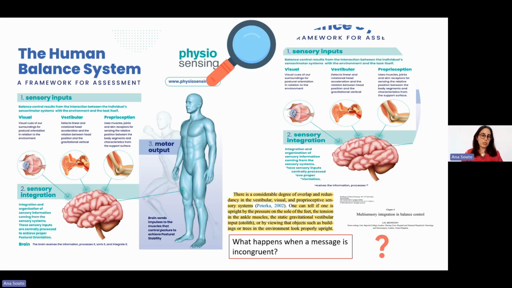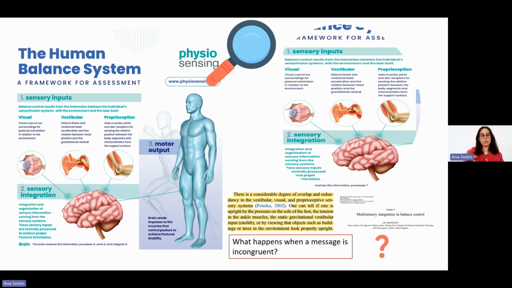Then we have the vestibular system that, on the other hand, uses internal information to understand linear and angular acceleration of the head, and also gives us this notion of verticality. So we can, with eyes closed, still understand where the gravitational vertical is.